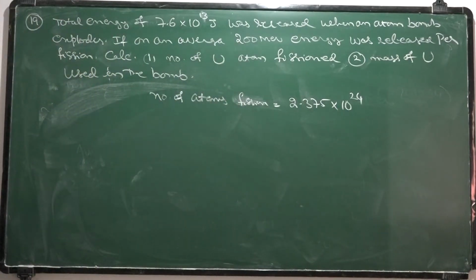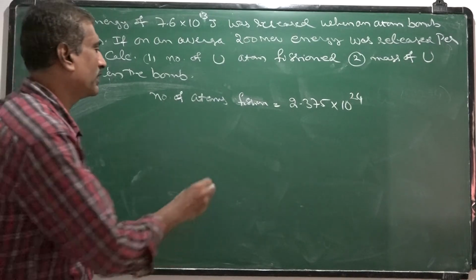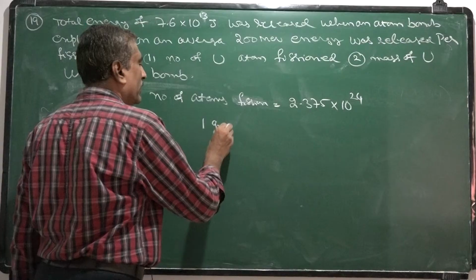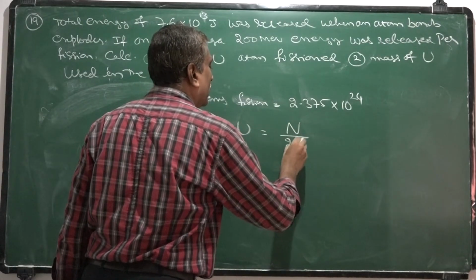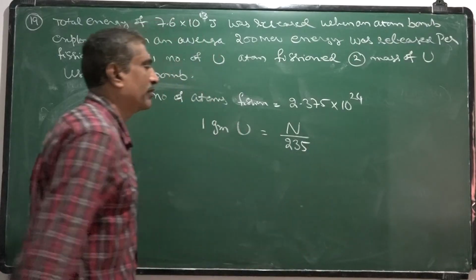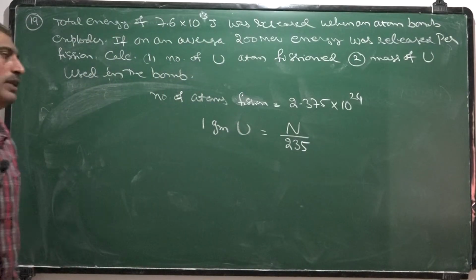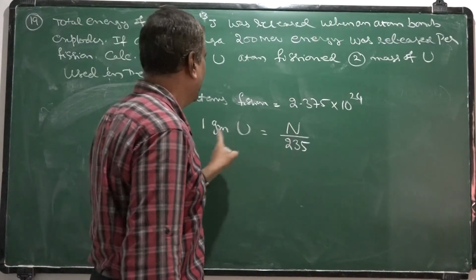Okay. As we know, 1 gram of uranium contains how many atoms? N divided by uranium 235. Sorry, mass number. So this many number of atoms in 1 gram.